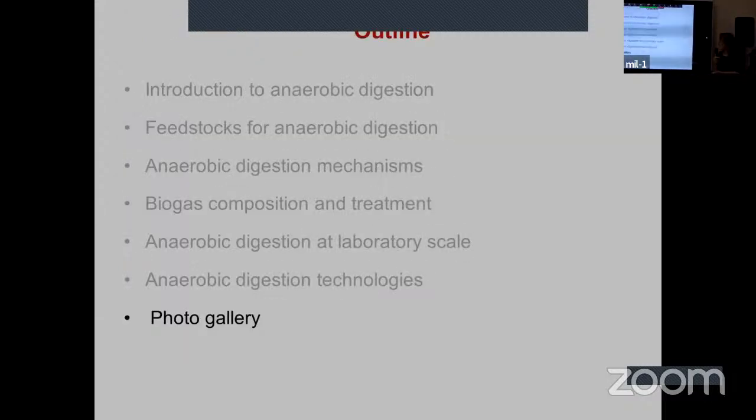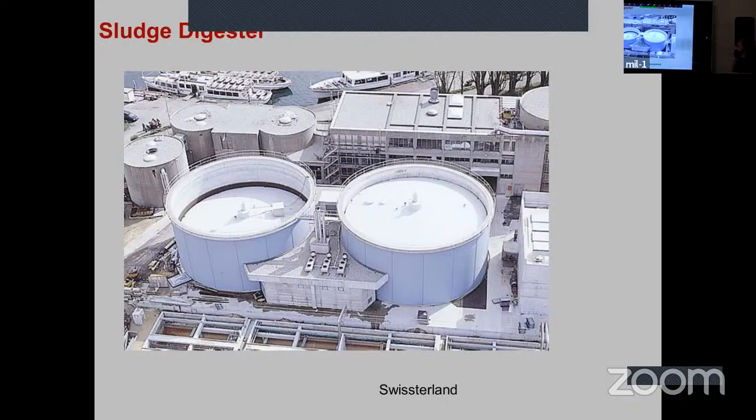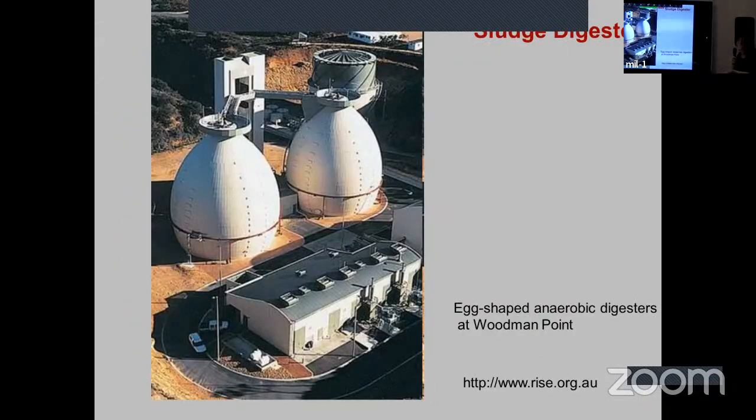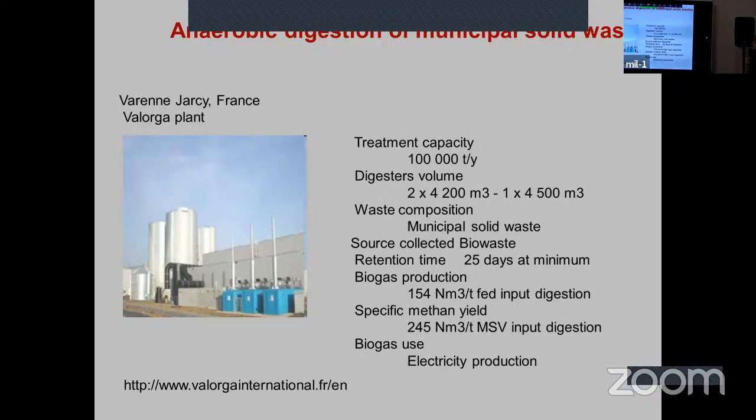So I have more or less finished. I just want to present you some pictures. The first one is the slug digester from Switzerland. Then you have the egg-shaped digester. This is the anaerobic digestion of municipal solid waste near Paris in France.